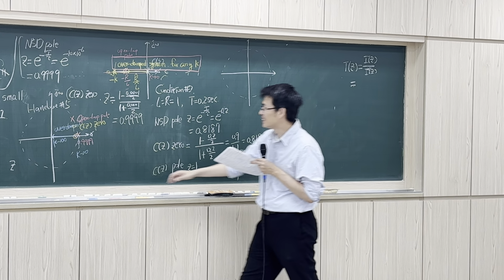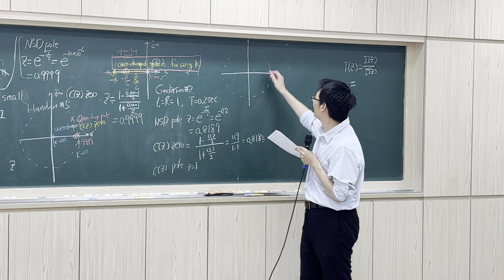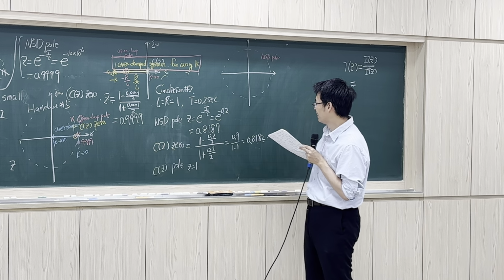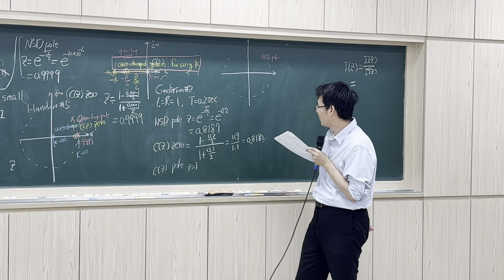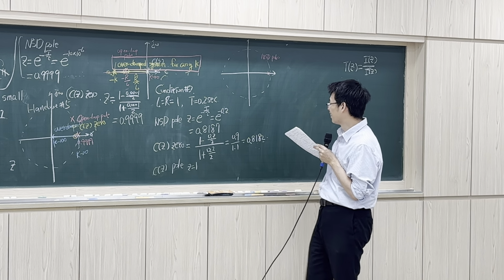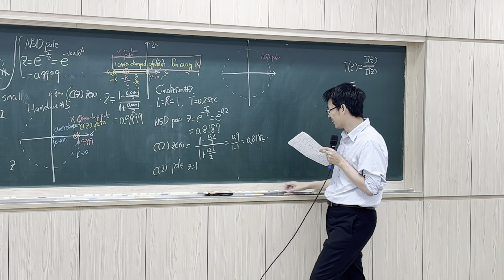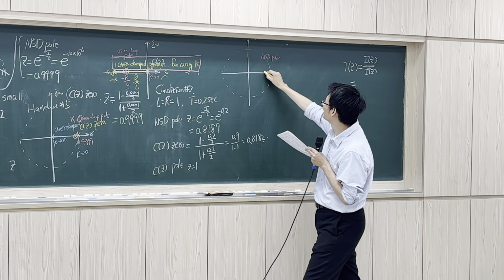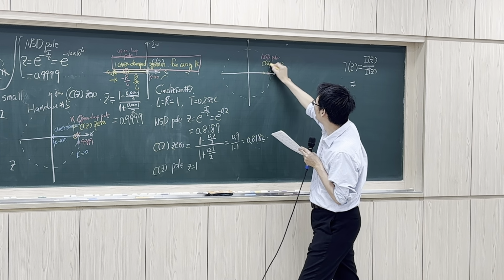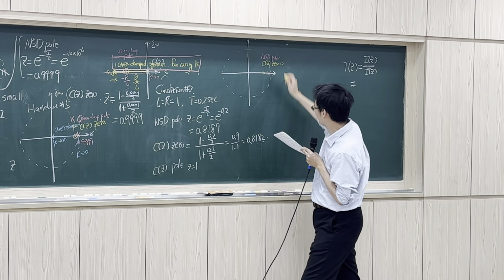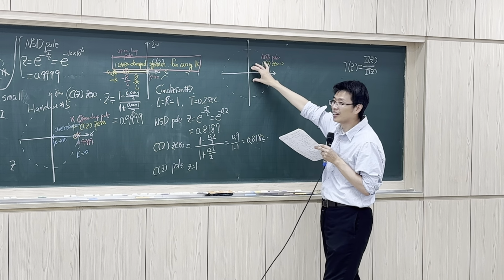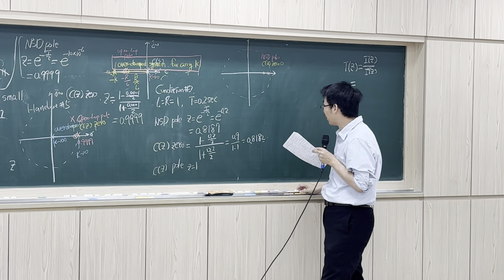So for the NSD pole here, the NSD pole location is a little bit closer to our unit circle, and the CZ zero will be a little bit inside the original zero point.